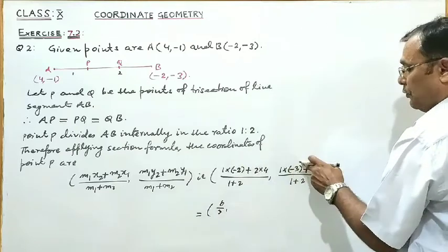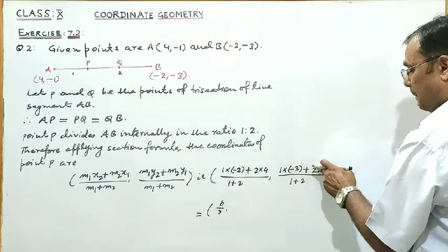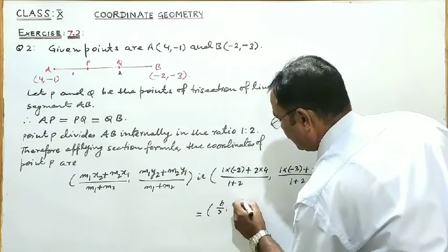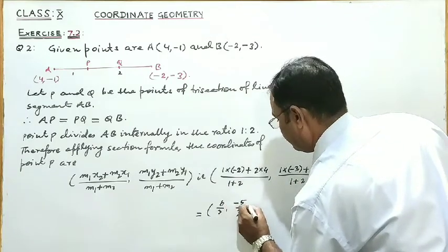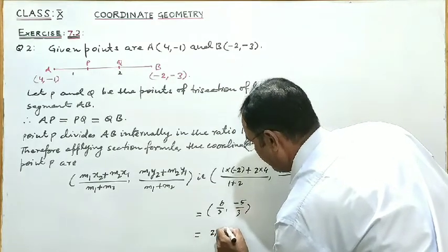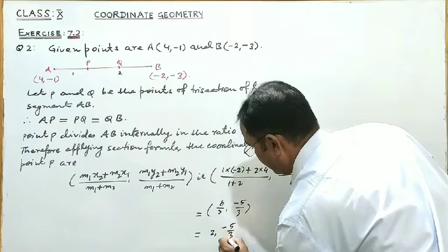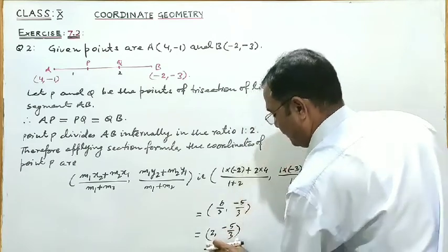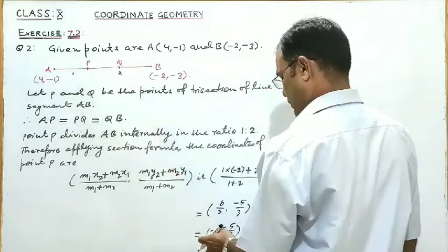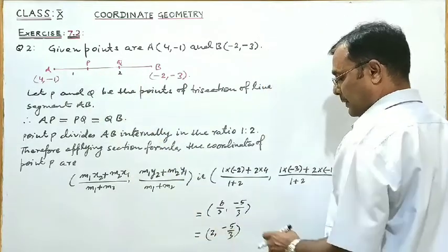One into -3 is -3, 2 into -1 is -2, -3 minus 2 is -5, by 3. So this is 2, -5 by 3. Coordinates of point P are (2, -5/3).